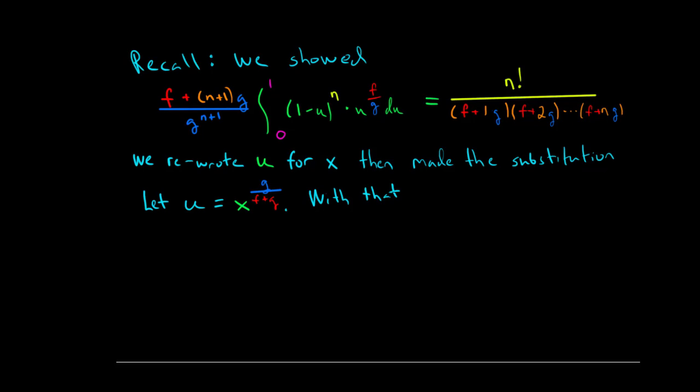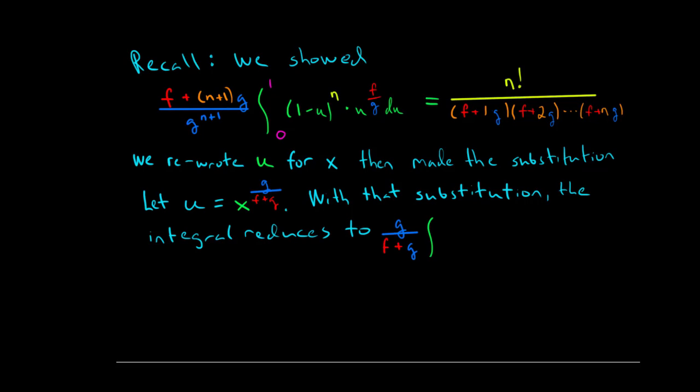Now, with that substitution having been made, the integral reduces to g over f plus g times the integral from 1 to 0 of (1 minus x to the g over f plus g) all to the power of n dx.